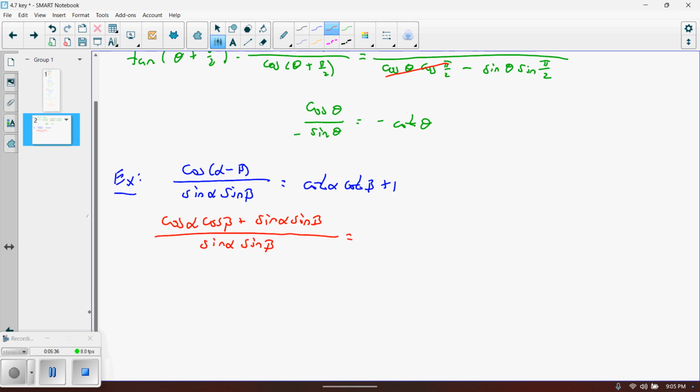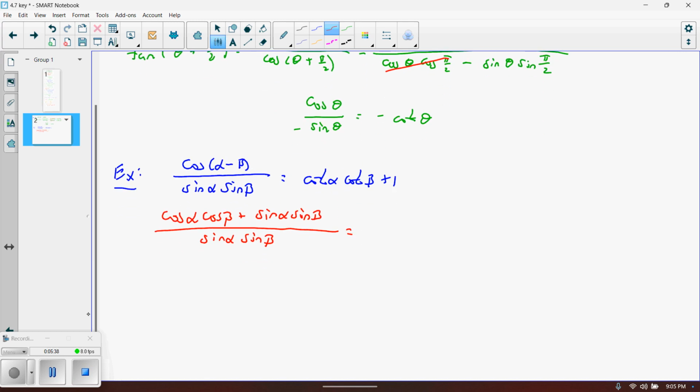So what we can do now is we can basically split this fraction. I can split that numerator up over the common denominator. So we should get cosine of alpha, cosine of beta over the common denominator, which is the whole denominator in this case. And then plus the numerator's second part, sine of alpha, sine of beta over sine of alpha, sine of beta.